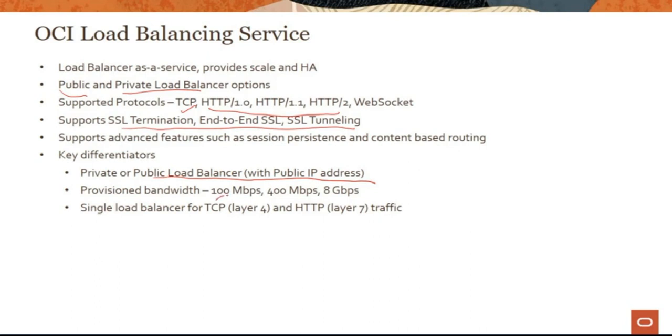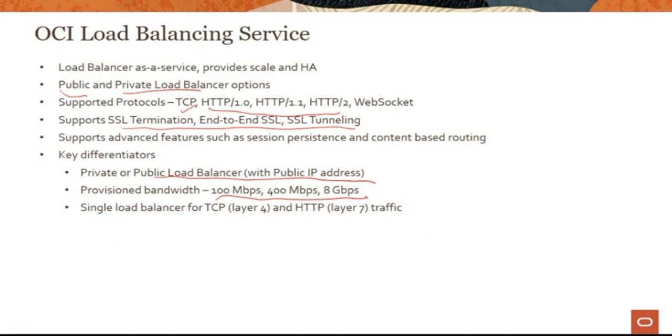When you provision a load balancer, you get a choice of shapes. Think about this as provisioned capacity. You can provision for 100 Mbps, a small load balancer, a medium load balancer at 400 Mbps, and 8 Gbps. The idea is you really don't have to pre-warm your load balancers.